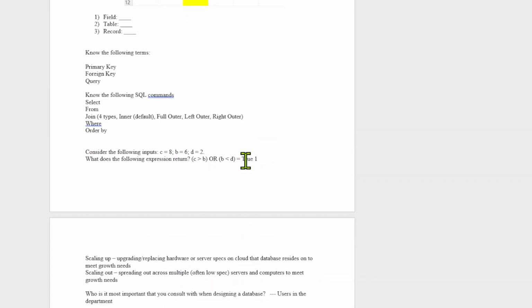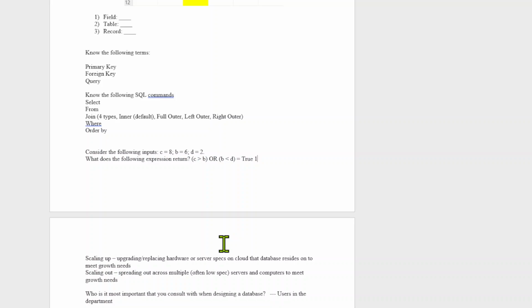Scaling up is what we think about with our relational database. That's upgrading, physically replacing hardware or server specs on a cloud database to meet growth needs. You can't just add stuff. With most of these systems you'll have to completely repartition the database.